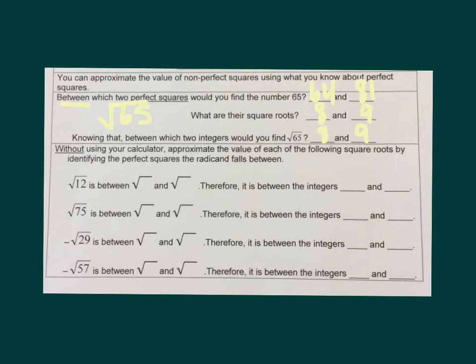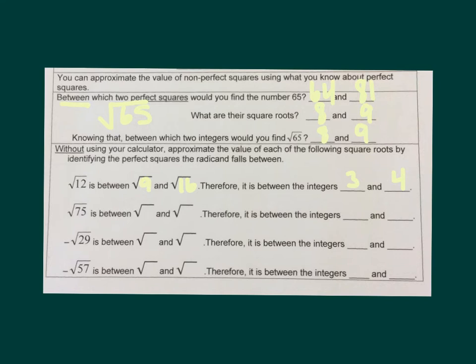The square root of 12 is between which two square roots? So look at your first 10 perfect squares that we just listed. You should see that it's falling between the square root of 9 and the square root of 16. And you should know that the square root of 9 is 3 and the square root of 16 is 4. So the square root of 12 falls between the numbers 3 and 4. So it's 3 point something.